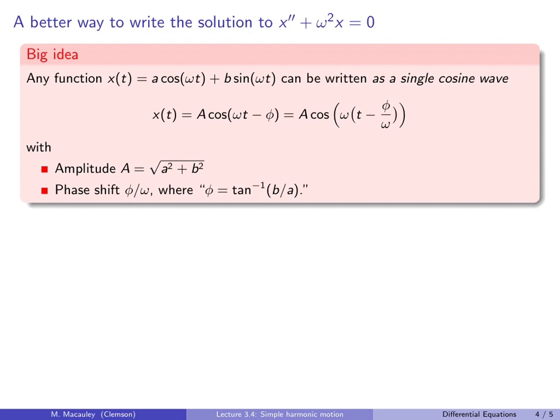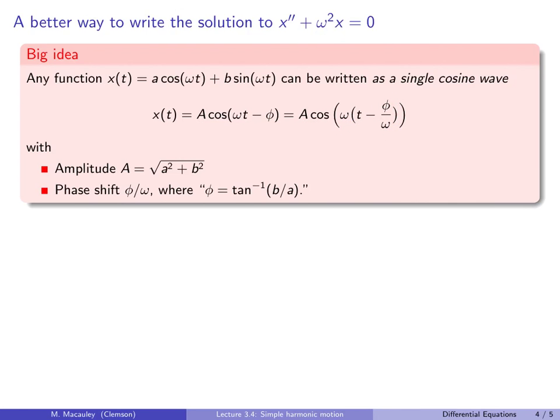So the big idea here is that any function of this form, a cosine omega t plus b sine of omega t, in other words, the solution to this differential equation for simple harmonic motion, can alternatively be written as a single cosine wave of the following form: A cosine of omega t minus phi, or if you want to, you can factor out the omega, because now you know from basic trig that this is your amplitude, this is your frequency, and this is your phase shift.